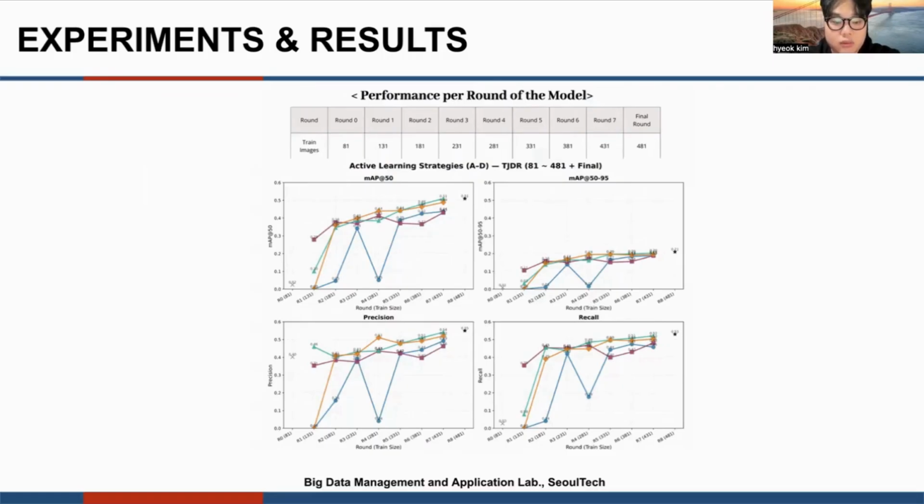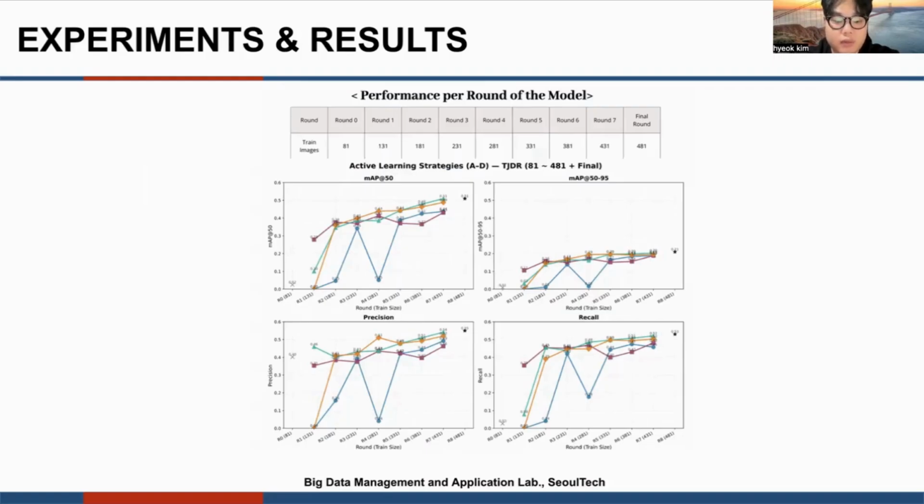As shown in the table, 81 images were used in the first round, followed by 50 sample images per round in subsequent iterations. The bottom of the graph visualizes the convergence trend for each strategy, and the metric mAP represents mean average precision, and mAP 50 indicates average precision at an IOU threshold of 0.5, and IOU means intersection over union.